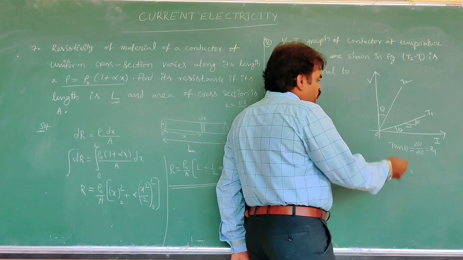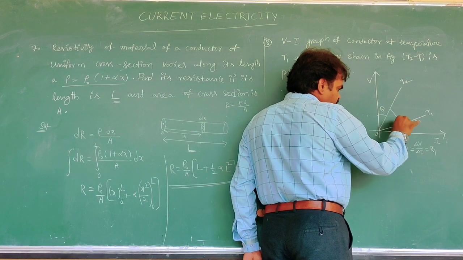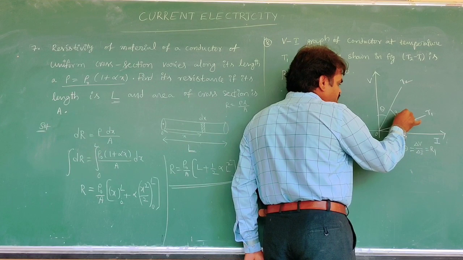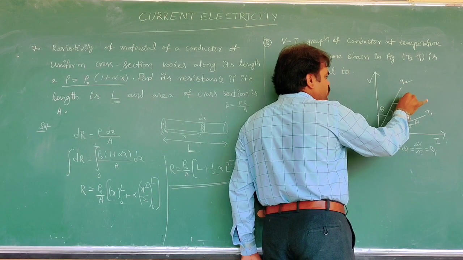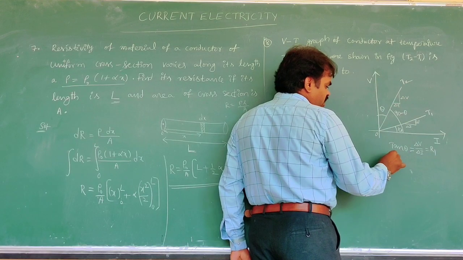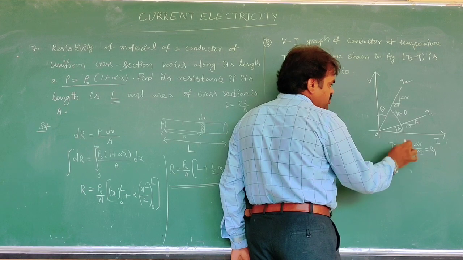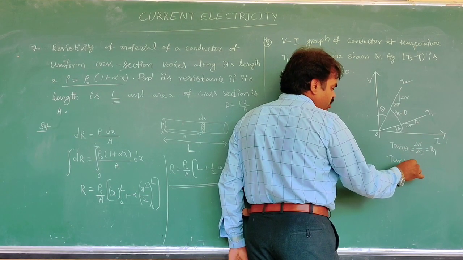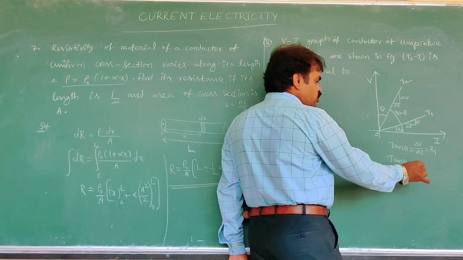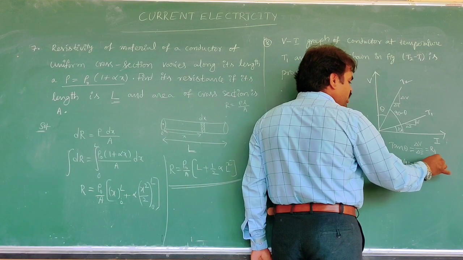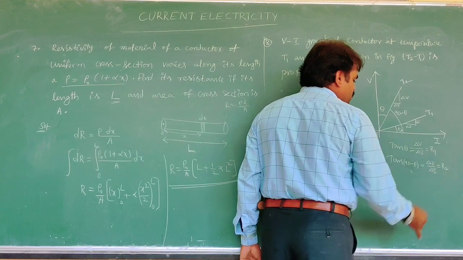Now for the other line, what is the remaining angle? This angle is 90 minus theta. Again we are finding the slope, delta V by delta I. Then tan of 90 minus theta is equal to delta V by delta I, which is equal to R2.